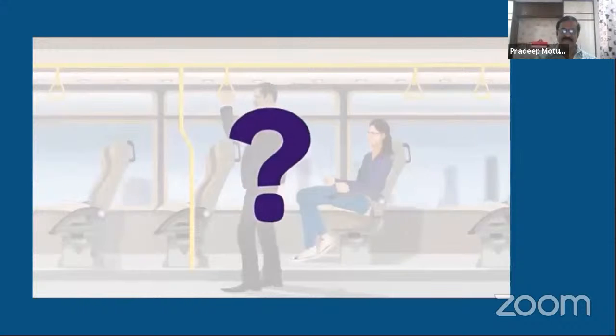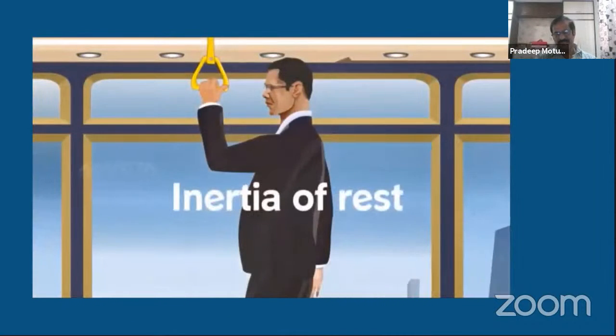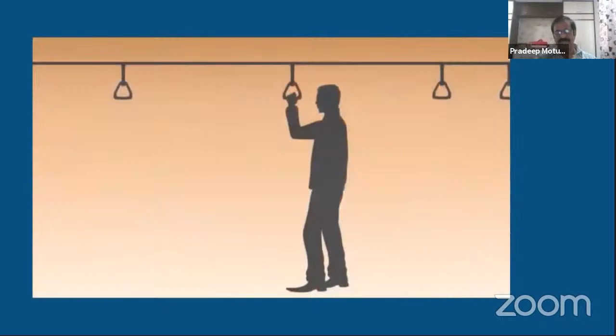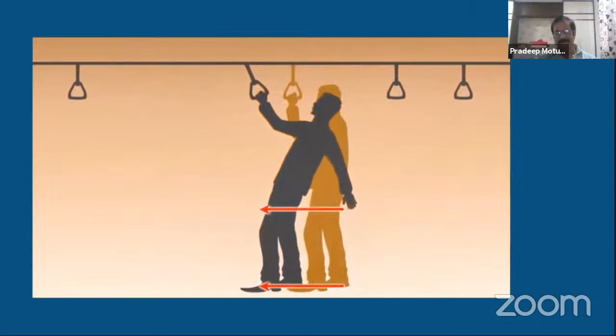Here, a person is standing in the bus. If the bus starts suddenly, what happens? He jerks backwards. Why? That is due to inertia of rest.